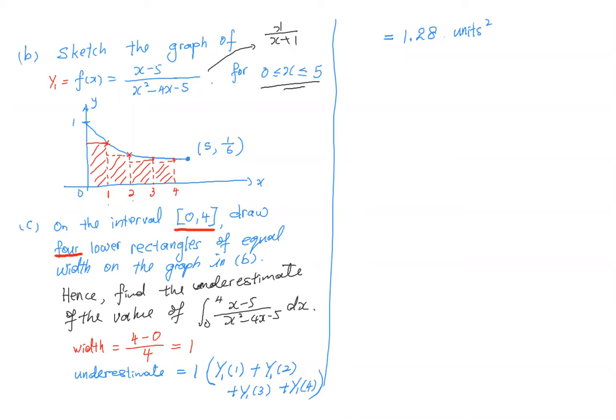My GC gave 77/60. Okay, 77/60, you divide, yeah, it's 1.28. Okay, it's 1.28, correct? Emily? Yes, it's correct, Miss. Do you get the same answer? Yes, I got it.